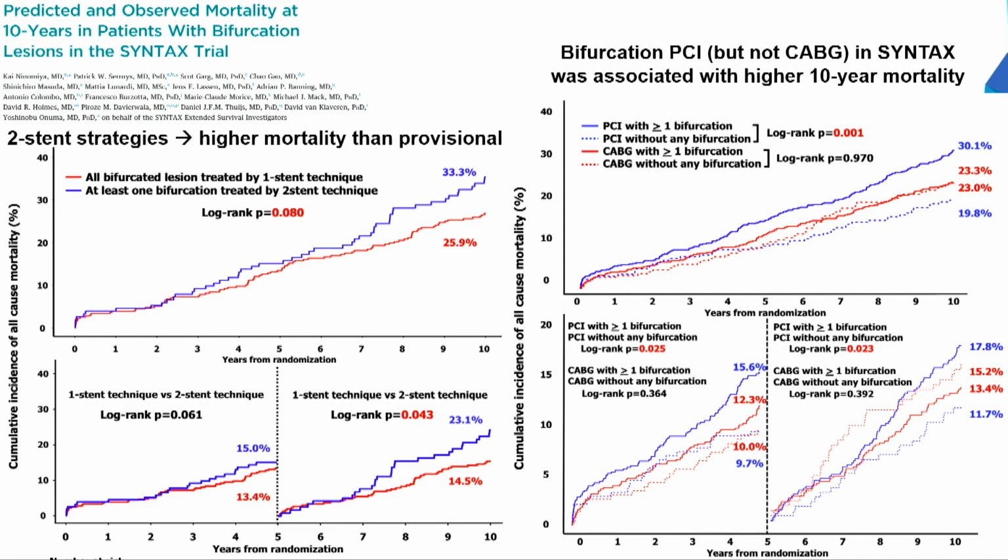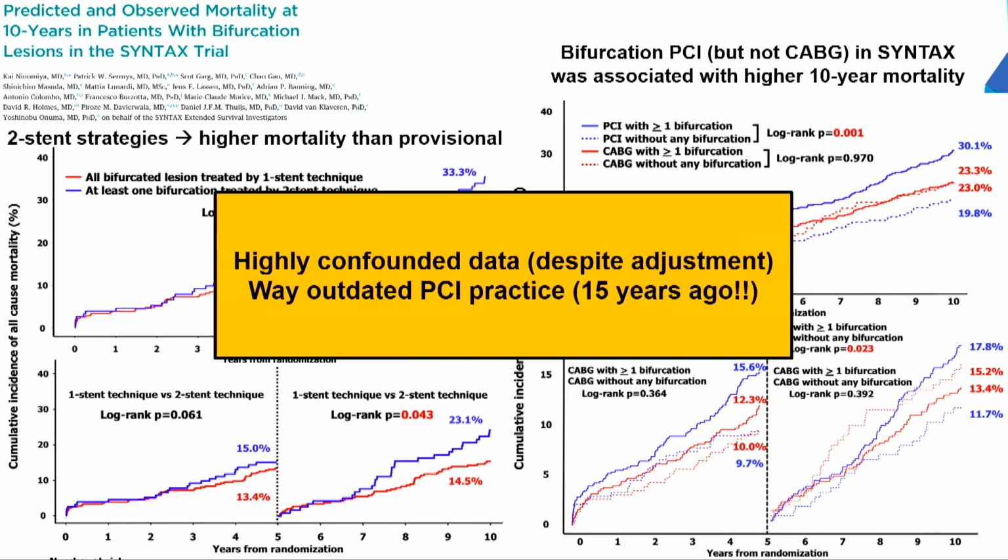However, this extended follow-up lacked information about other endpoints such as MI and TLR. There is not very granular data on bifurcation technique and anatomy of the bifurcation, and despite adjustment, I think there is still a high degree of confounding. Especially, PCI practice in SYNTAX is way outdated. It's more than 15 years old, with very little use of imaging and first-generation drug-eluting stents.